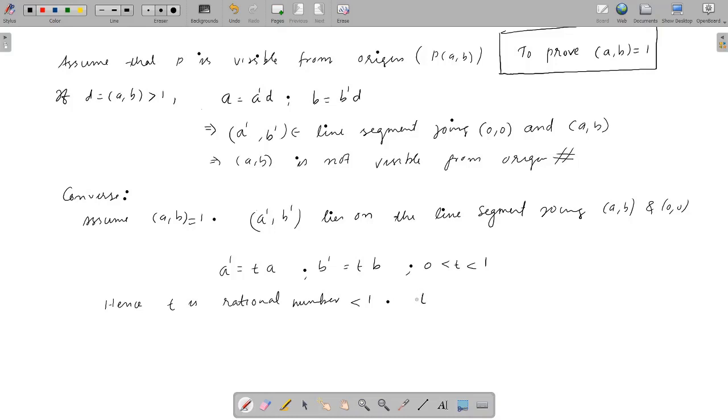Now, T can be written as some R by S, where GCD of R comma S equal to 1. What is the importance of this R and S?